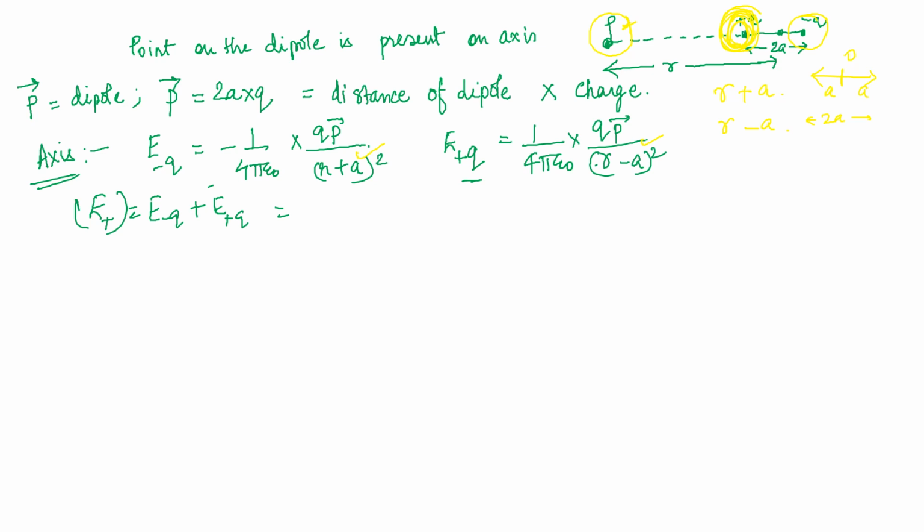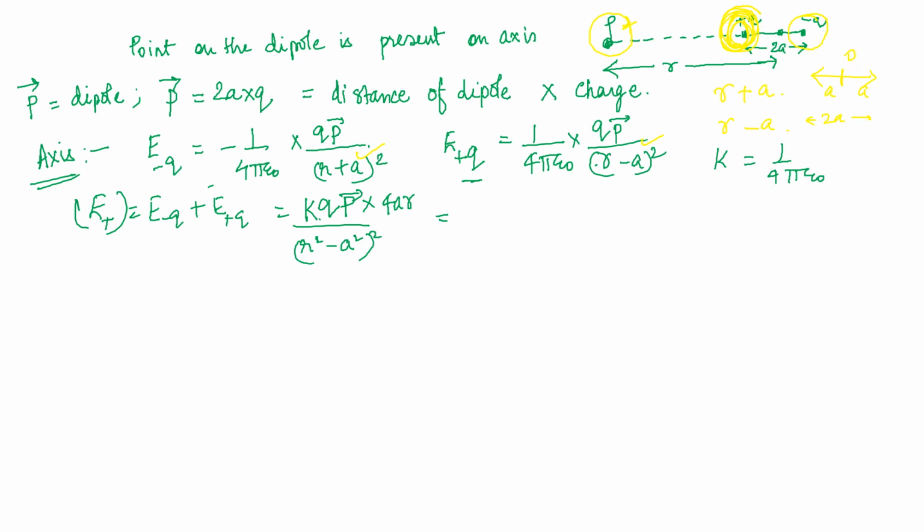The values we will get will be like this: K Q into P in the numerator, where K is 1 by 4 pi epsilon naught, just for simplification, divided by R square minus A square the whole square, into 4AR.